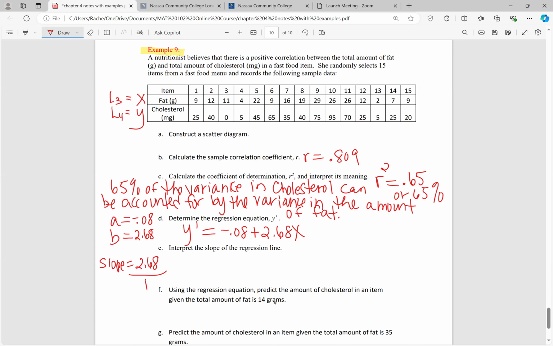And this always represents the change in Y with respect to the change in X, and Y is cholesterol. So this is going to represent the change in cholesterol with respect to the change in the amount of fat in the item, and cholesterol is in milligrams and fat is in grams.